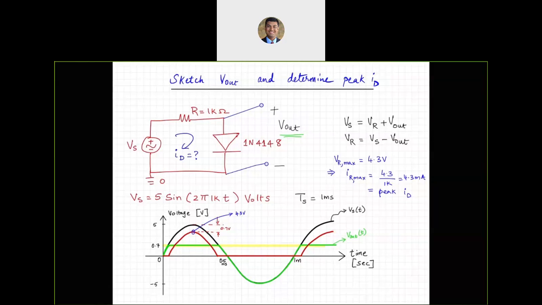So it's like we have eliminated the negative half cycle. There is a difference. We are subtracting 0.7. However, we are only able to get the positive half cycles of the sinusoid across the resistor. This is going to be useful when we start talking about the rectifiers.